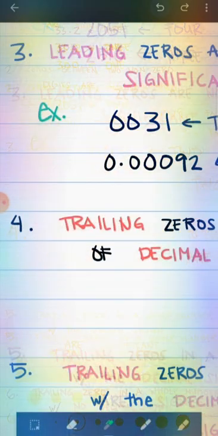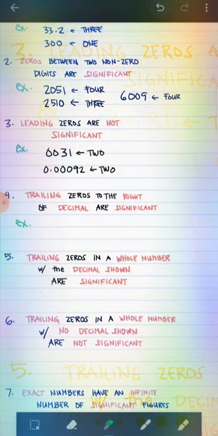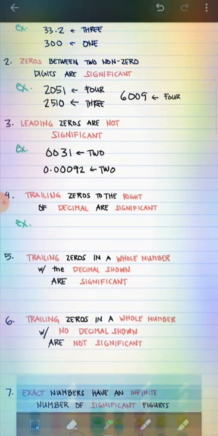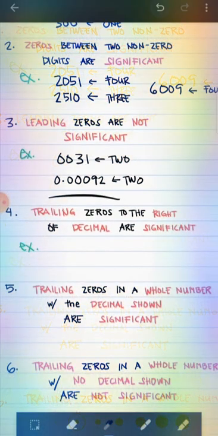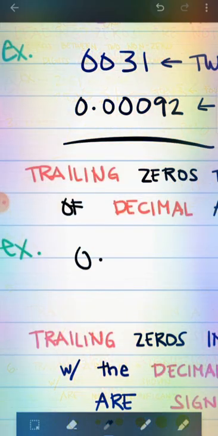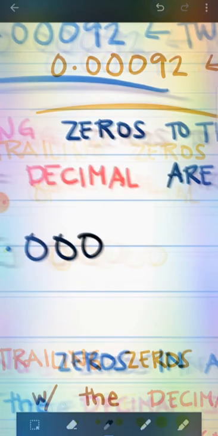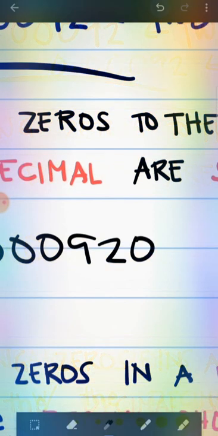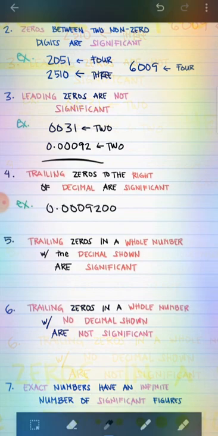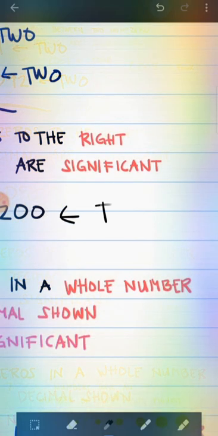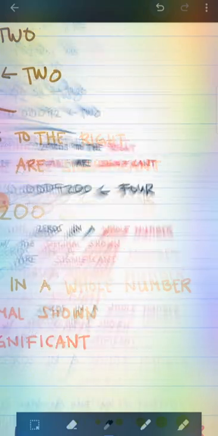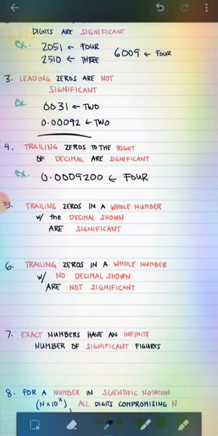Rule number 4. Trailing zeros to the right of the decimal are significant. So taking this example from rule number 3 and making it 0.0092 and then 2 zeros, this will then give 4 significant figures. Why?